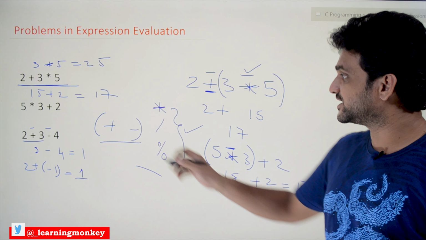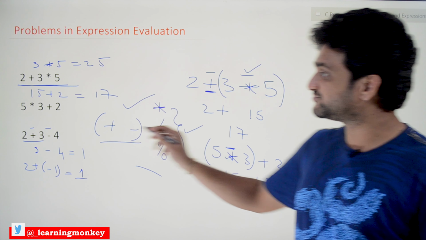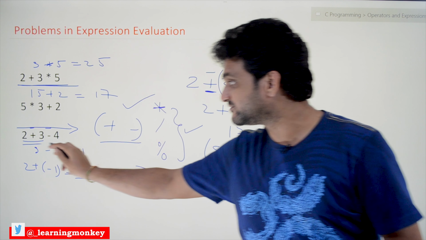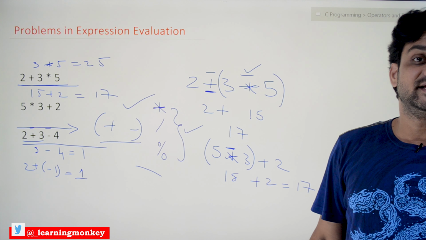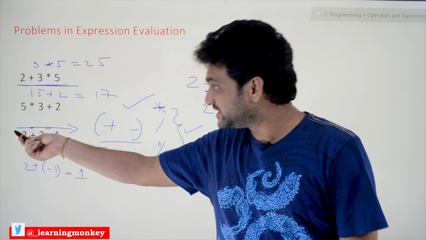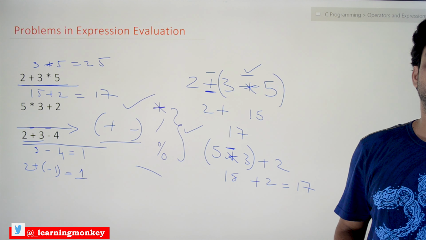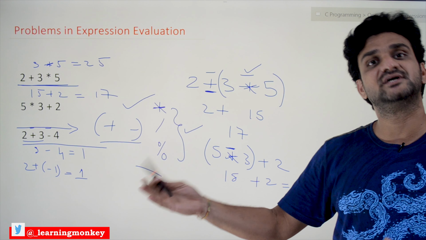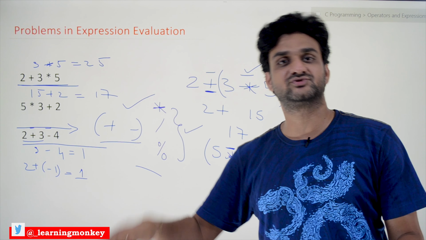For example, if you take additive operators, the associativity is from left to right. If all the operators in the expression are of the same precedence, then the associativity is from left to right. For additive operators, it is left to right. For multiplicative operators, it is also left to right.